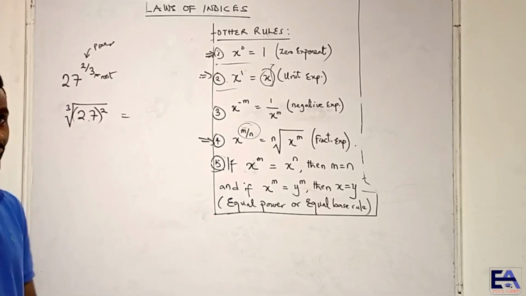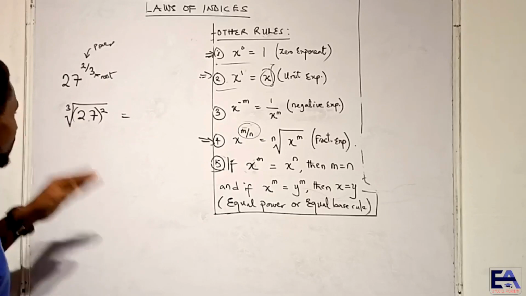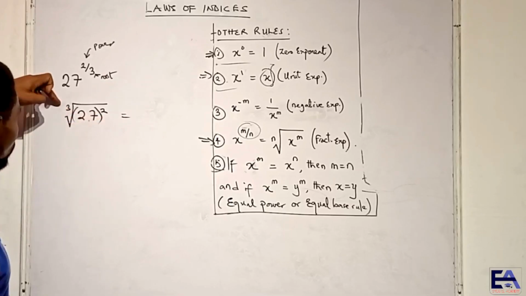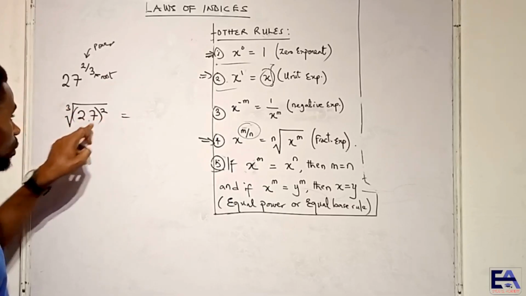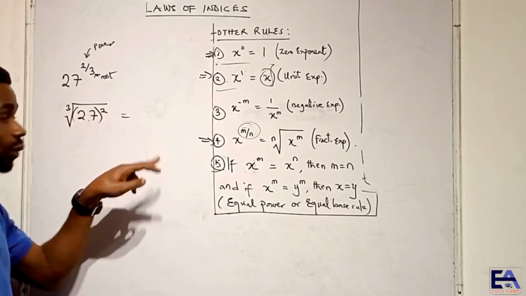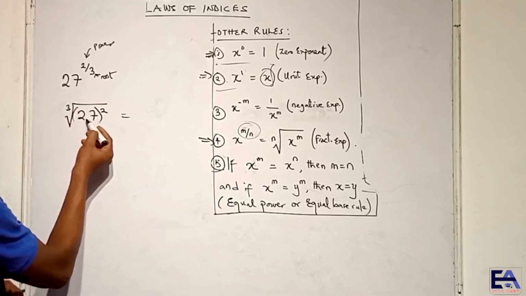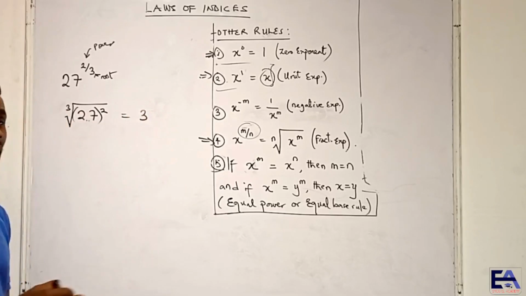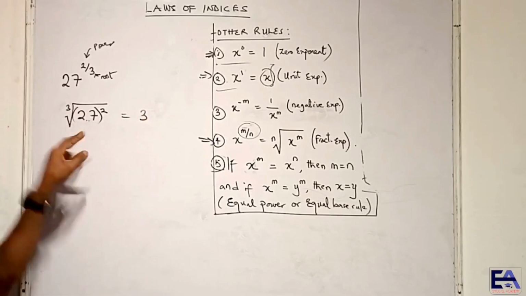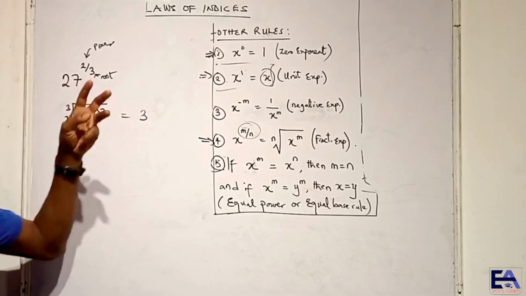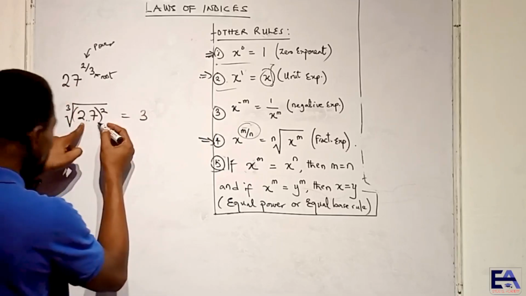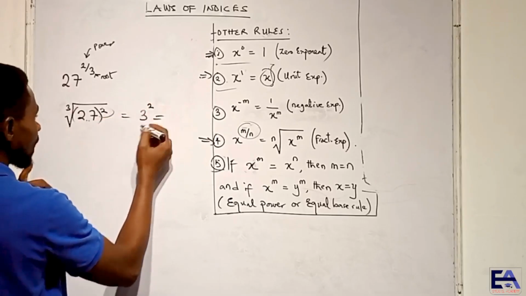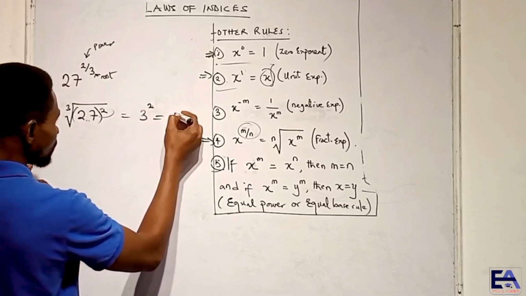You're going to get the same answer, trust me. But instead of having a big value first, it's good to simplify to a smaller value, then you power that small value, which means you find the cube root of 27. The cube root of 27 is 3, because 3 is the number that multiplies itself 3 times to give us 27. 3 times 3 is 9, 9 times 3 is 27. So after getting the cube root of 27, you now square the result. So 3 raised to power 2 gives you 9.